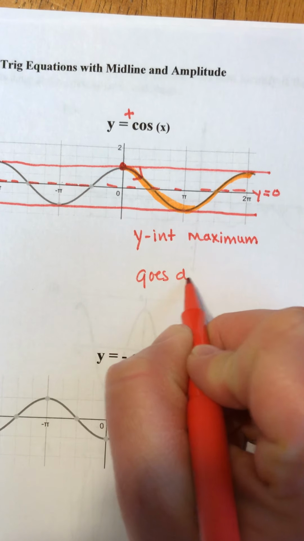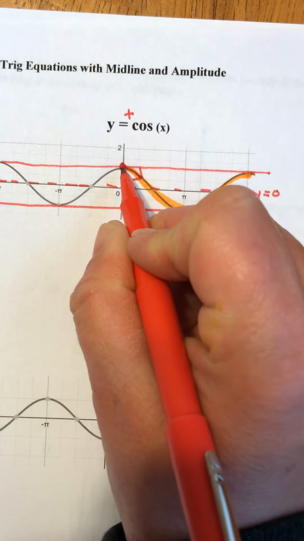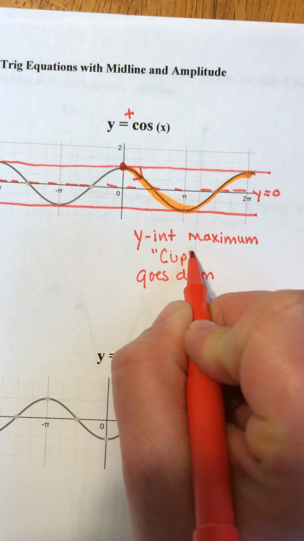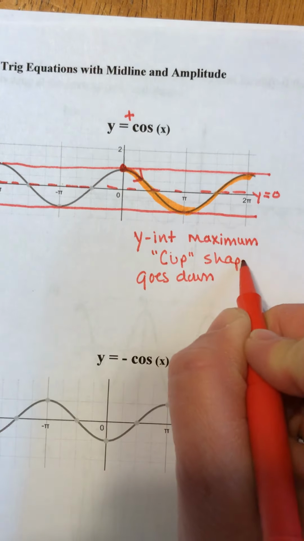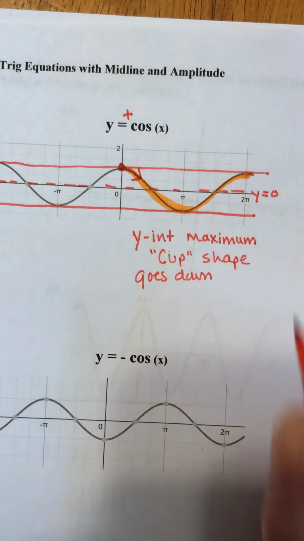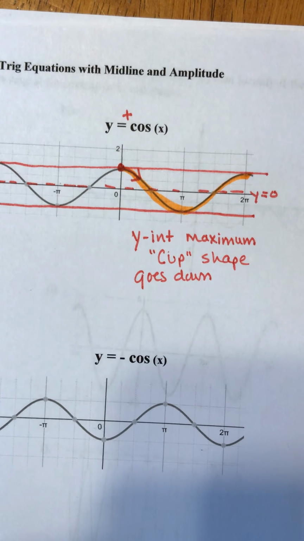It has a C or cup shape, and the cup opens up. It doesn't have the wavy S pattern, just a cup pattern. So that is the graph of y equals positive cosine x.